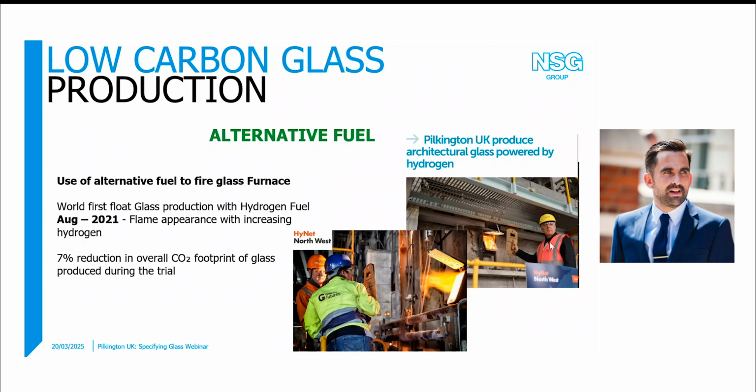It marked a big step in reducing the carbon footprint of the production. As they increased the hydrogen content into the furnace, they also noticed changes in the flame appearance, which is a key part of understanding how hydrogen interacts with the float glass process. I suppose the best part was that we achieved a 7% reduction in overall CO2 footprint at the time of producing this glass for a trial.